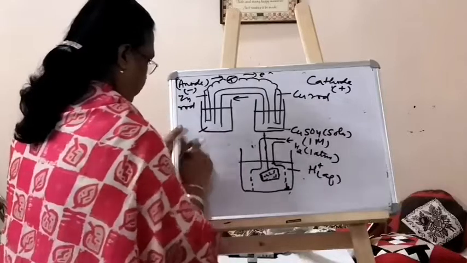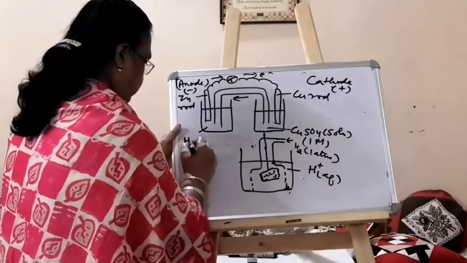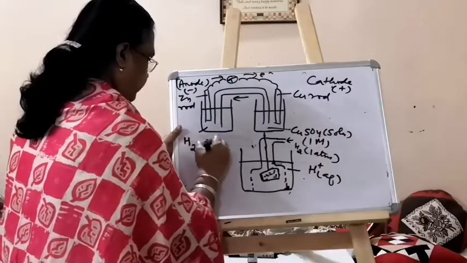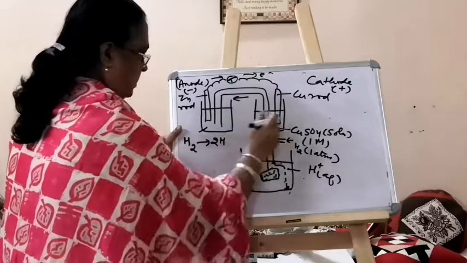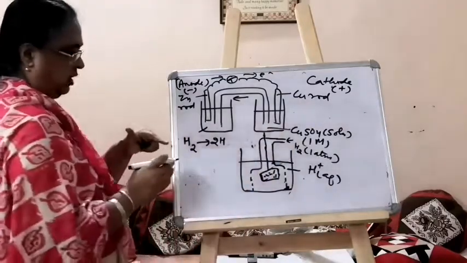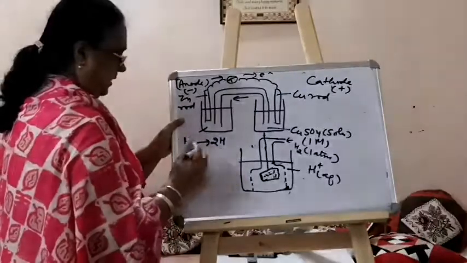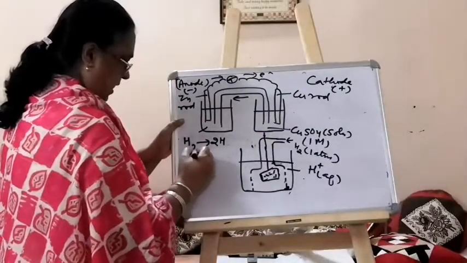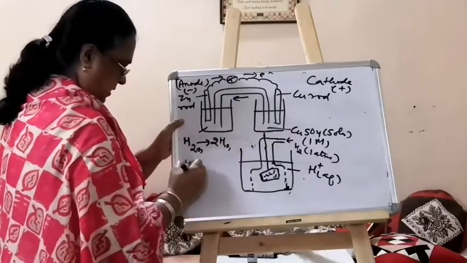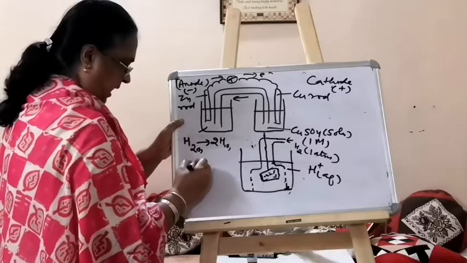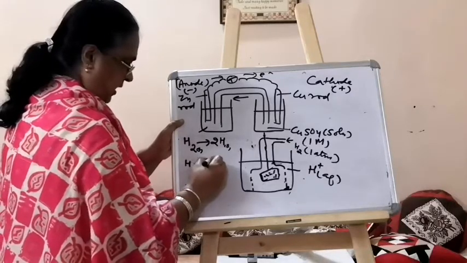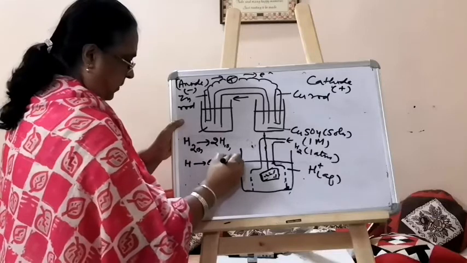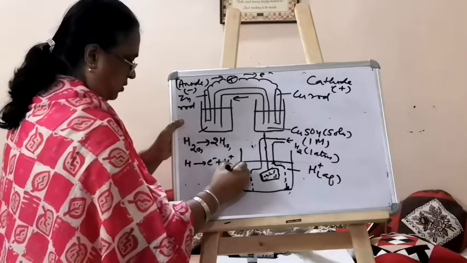One is that hydrogen gas will split up into hydrogen atoms, as it is coming with pressure. Then this hydrogen atom will lose one electron and turn into hydrogen ion.